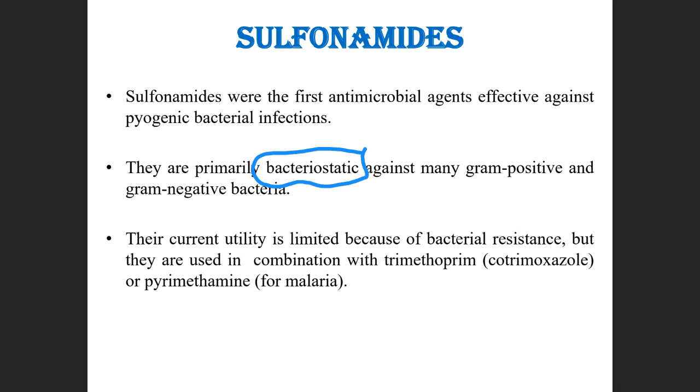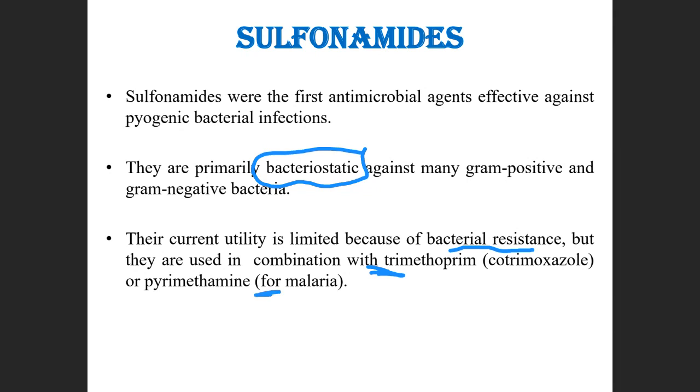Their current utility is limited because of why? Because of bacterial resistance, but they are used in combination with trimethoprim, as the drug cotrimoxazole, or pyrimethamine, in conditions like malaria.